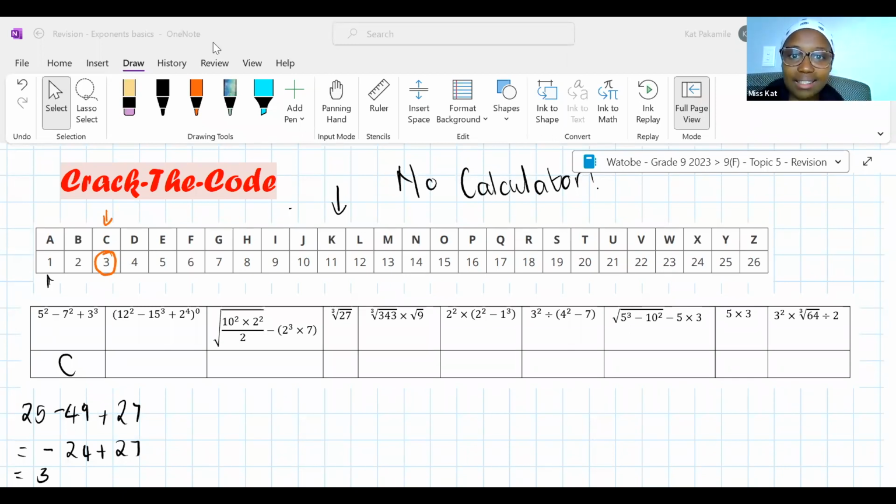Any other guesses? Ooh, so we all agree it's calculator. Tanda, if I could give you a prize, I would. Unfortunately, I can't. Yes, it is, guys.